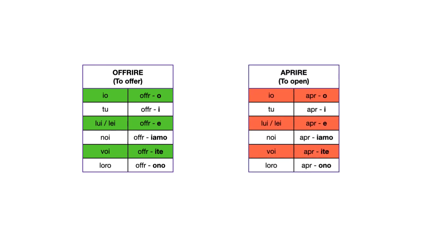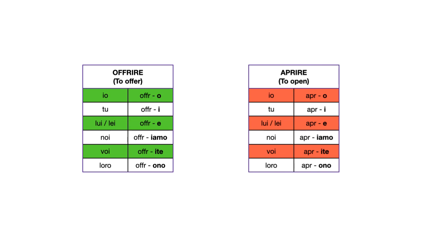Same thing for aprire, to open. Io apro, tu apri, lui apre, noi apriamo, voi aprite, loro aprono. So these are the ire verbs. The only change comparing them to the ere verbs is that voi ending, which uses an I instead of an E.